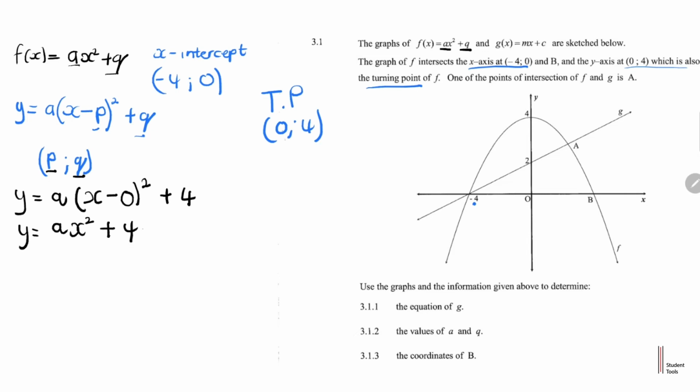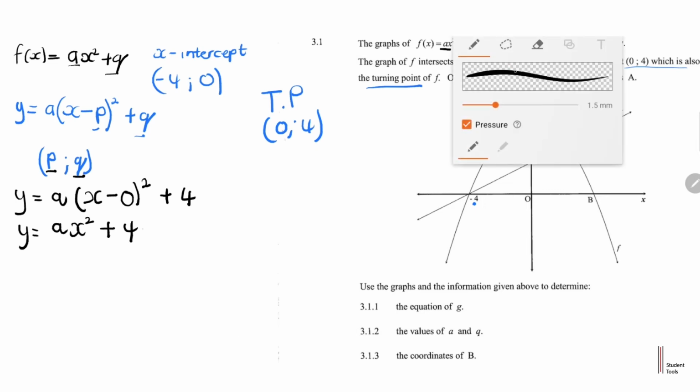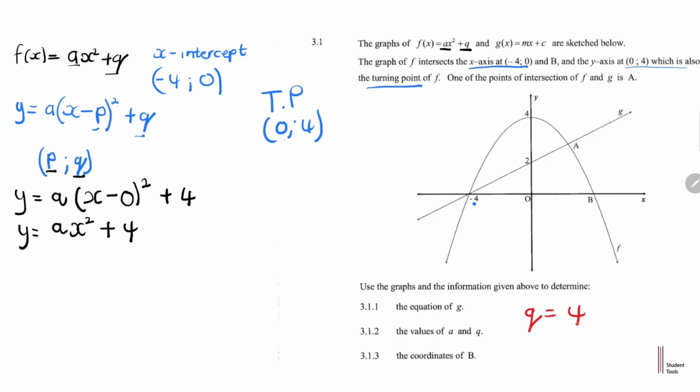So q is equal to 4. So we can write it down already. Q is equal to 4. So we already got the value of q. What we are left with is the value of a. So how do we find the value of a? We will use a coordinate that is on graph F. So on graph F, we also have this x-intercept. Let us use the x-intercept to find the value of a.